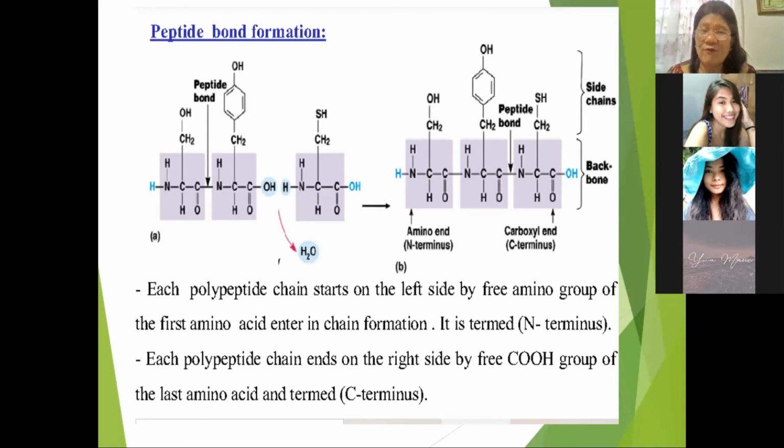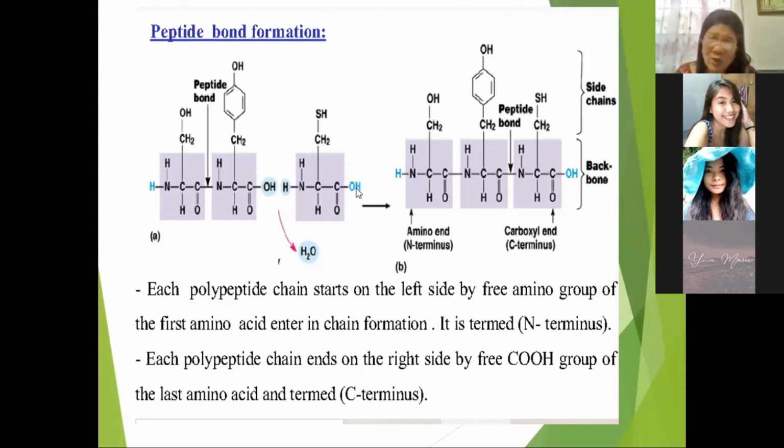Each polypeptide chain starts on the left side with a free amino group. Then the first amino acid enters into the chain, so it is said to be the N-terminal. The first amino acid will combine with the C and the N. It will follow again.